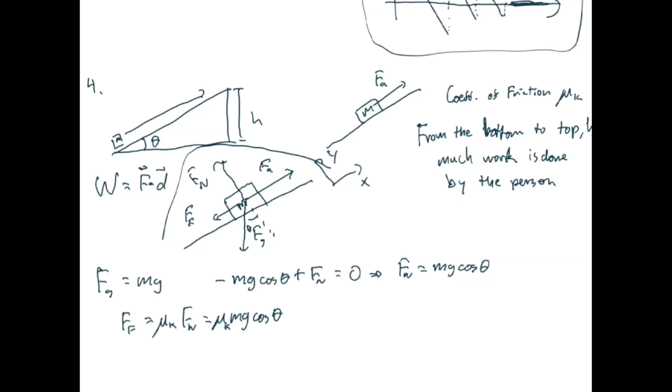Okay, so now balancing forces in the horizontal direction, we'll get that the applied force minus the friction force equals 0, which means that the applied force is going to be equal to the force of friction, or mu k mg cosine theta.